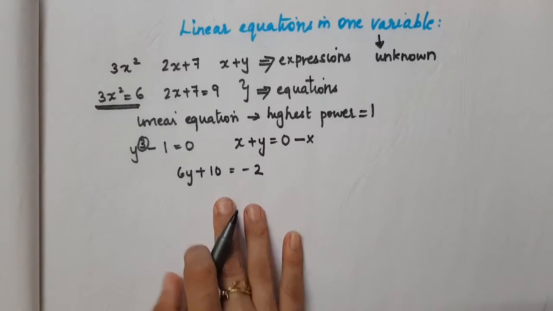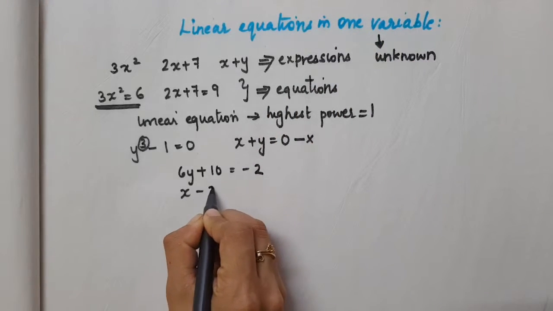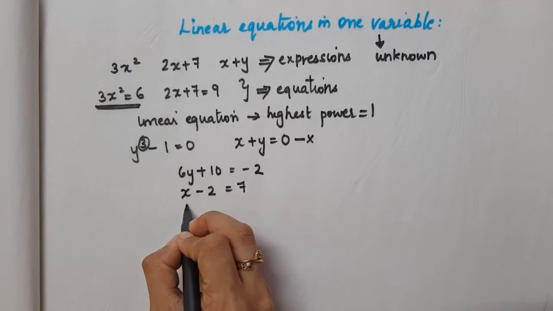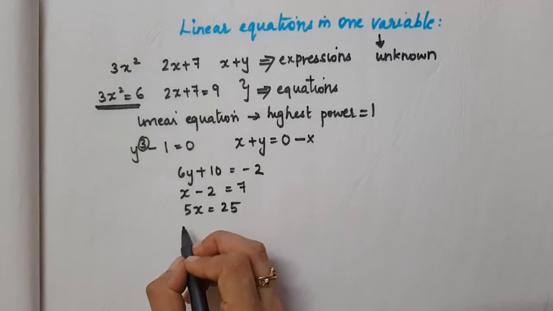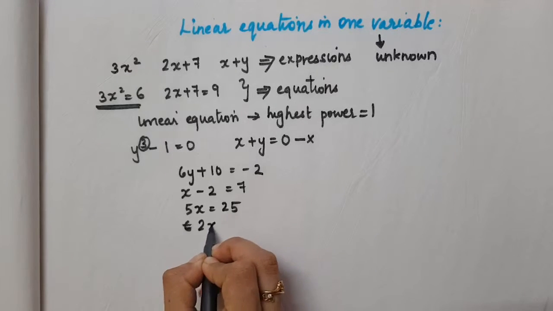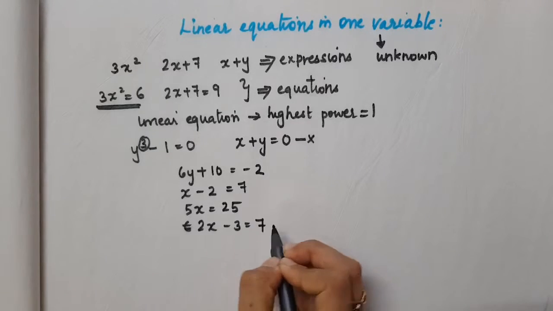We'll see a few more examples of linear equations in one variable, that is x minus 2 is equal to 7, 5x is equal to 25, 2x minus 3 is equal to 7, and so on.